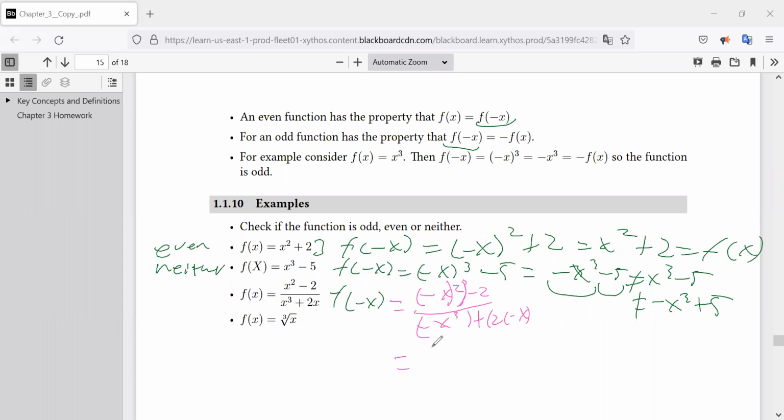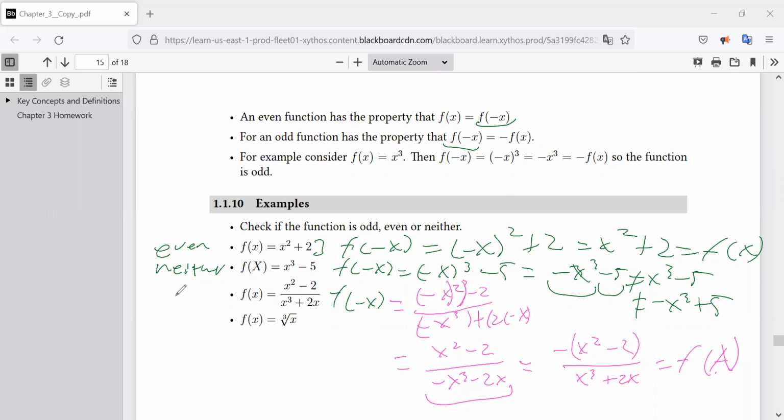So this is equal to negative x squared minus 2 divided by negative x cubed minus 2x, which is negative x squared minus 2 times x cubed plus 2x. So I just pulled the negative out of the bottom and put it up top. So this is equal to negative f of x.